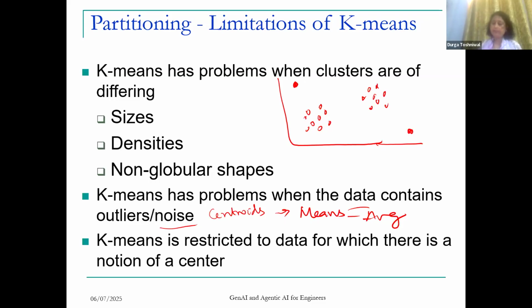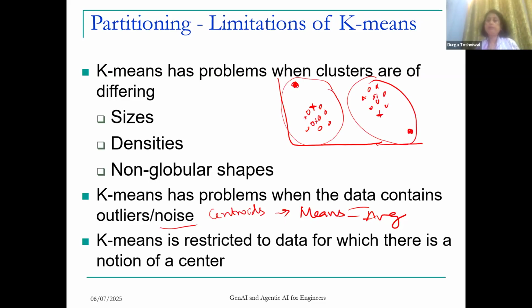Therefore we cannot leave out these noise points, and let's assume they got accommodated like this in the cluster. Then this point is very far away from the rest of the points, so the mean might have been here, but it will shift to this point probably, and this mean might get shifted here. It should have been here. So the means will get impacted. Therefore, this method is not robust to noise.